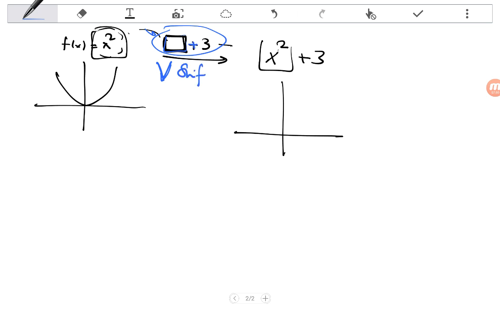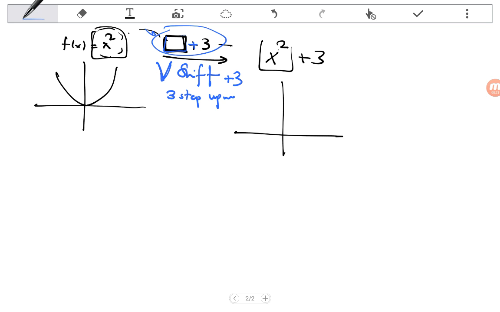Any plus or minus is called a shift, so this is a vertical shift. In the vertical case, you predict the correct direction, so plus 3 means 3 steps upwards.